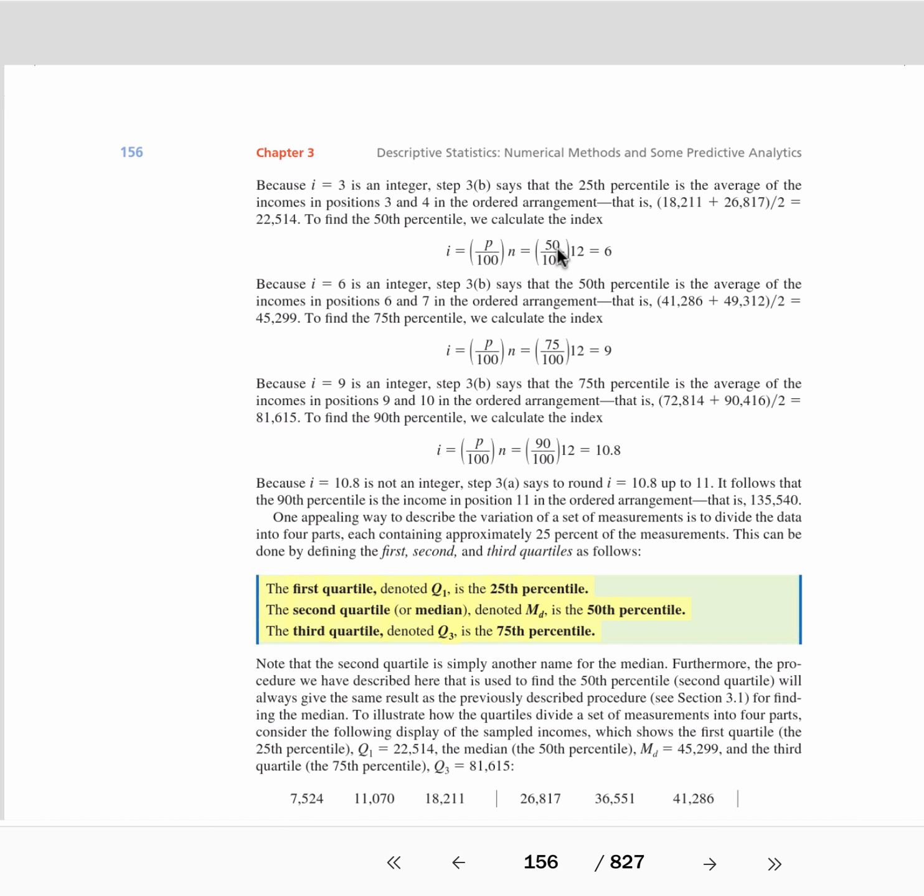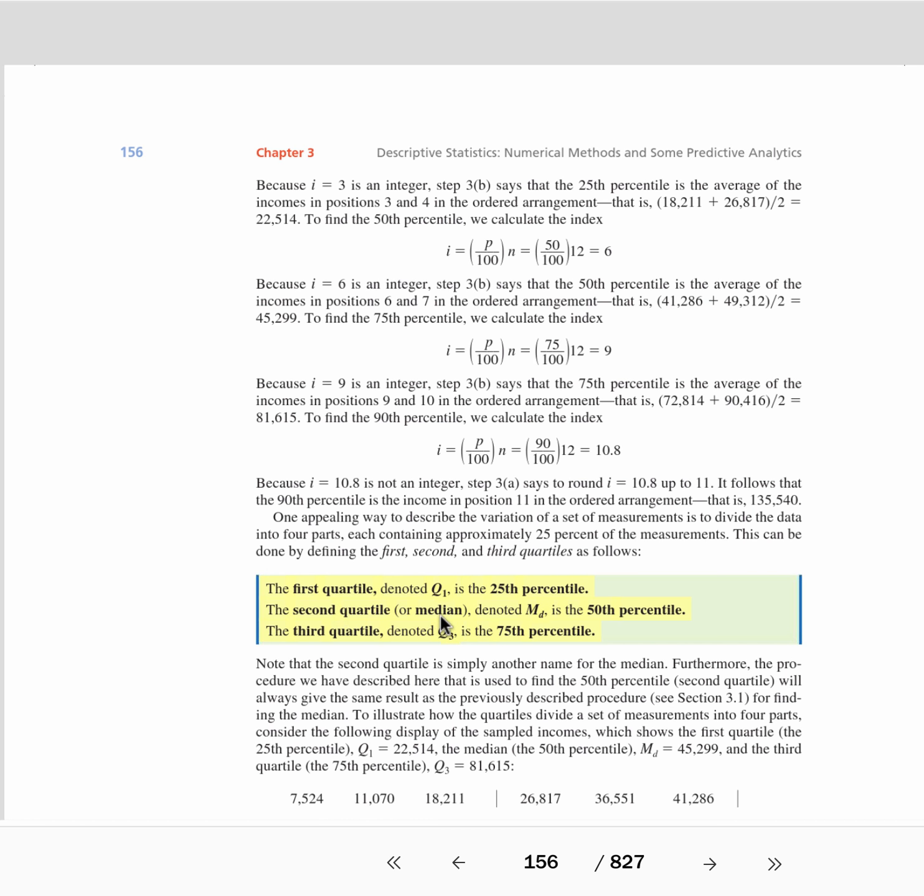You calculate the 50th percentile, the 75th percentile, the 90th percentile. And you would say the following. The percentile that represents the 25th is called the first quartile. Not the first percentile, but what is called the first quartile.